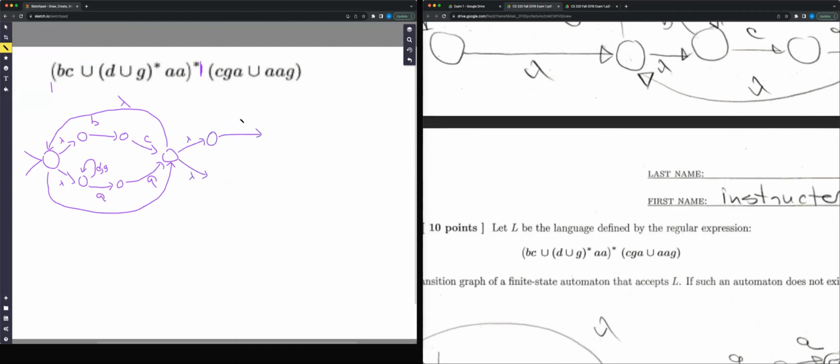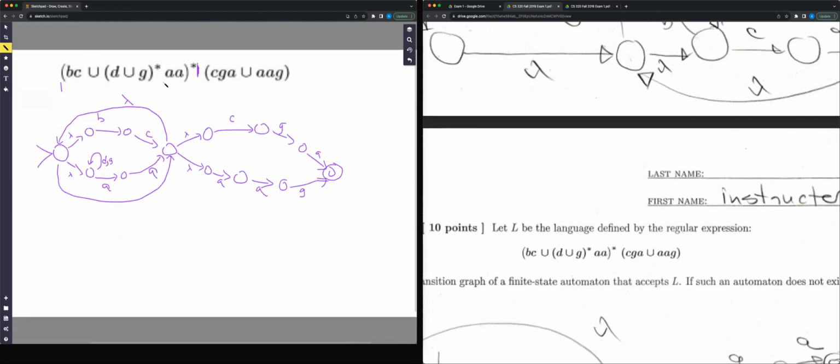And now either I write C, G, A, or I write A, G. And then regardless of which path I took, this is now my final state. And this is my complete answer. Does it make sense?